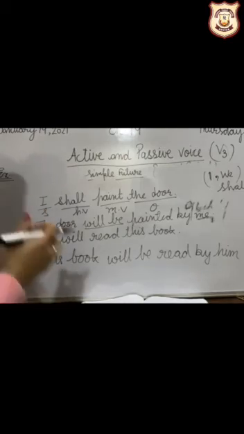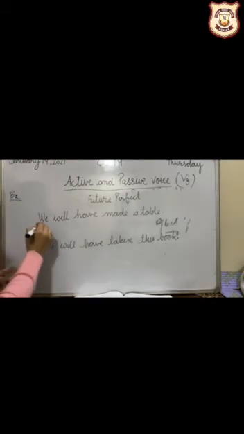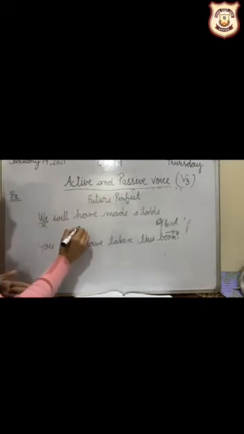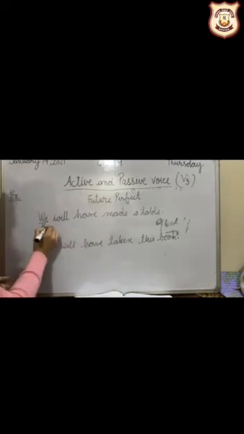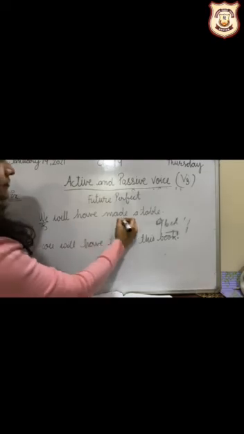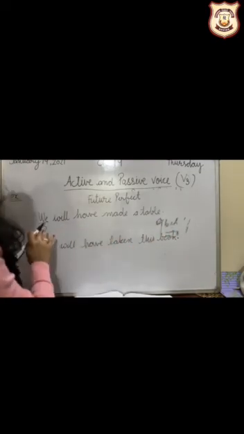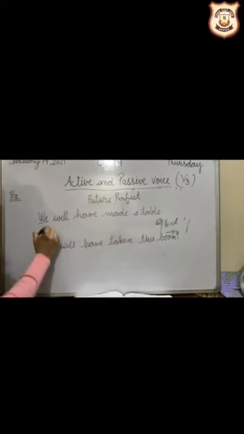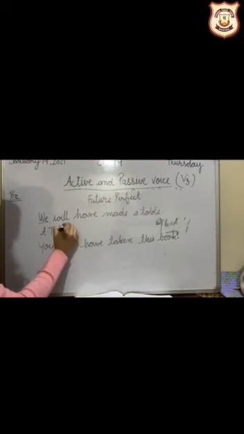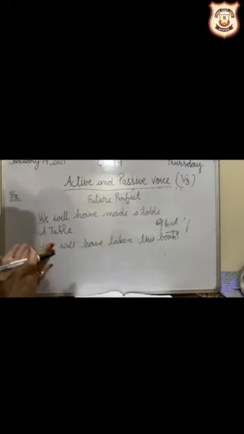Now let's see future perfect tense. We will have made a table. Future perfect, use of will and have made. We will have made a table. So we need to change it: a table. How will we continue? Tell me.